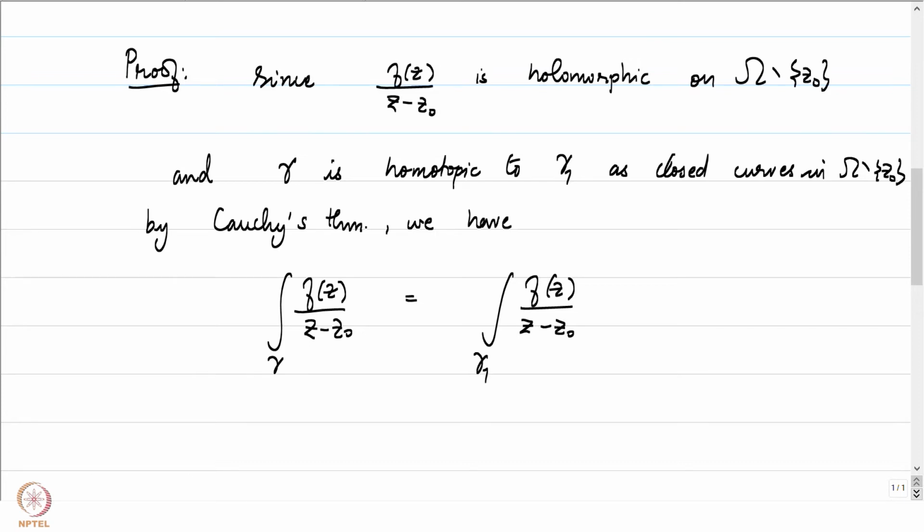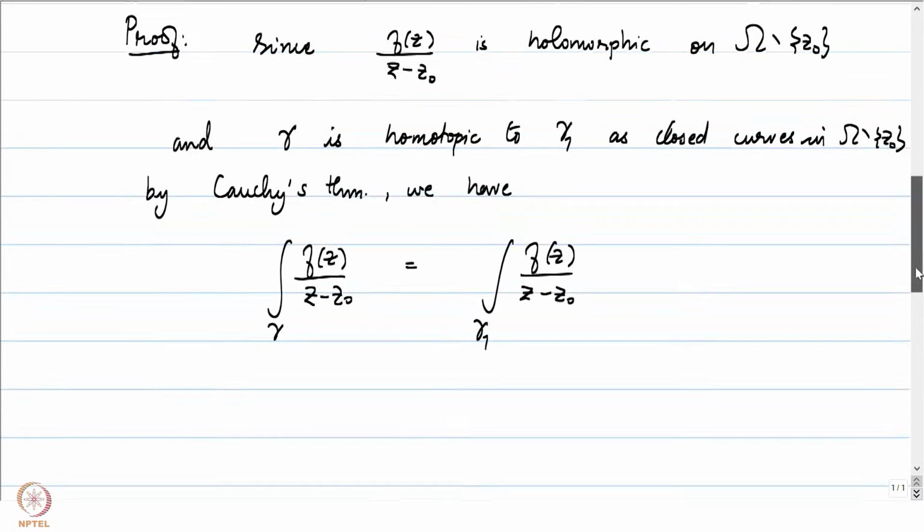This is by the second statement in the statement of Cauchy's theorem, which we proved last week.